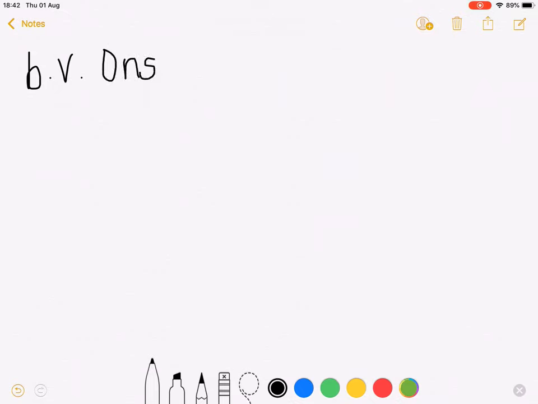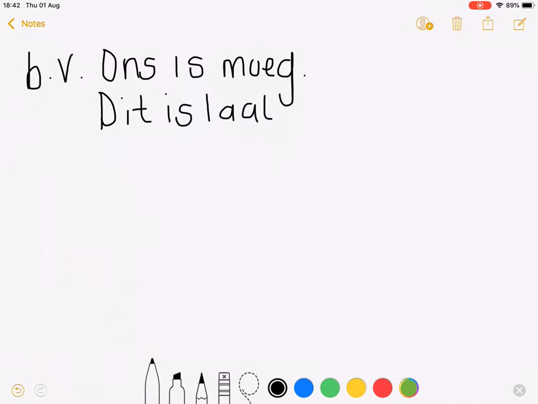Ons is moeg, meaning we are tired. Dit is laat, meaning it is late. Our conjunction is then the word want. Right, so now this conjunction is going to come in between our two sentences.